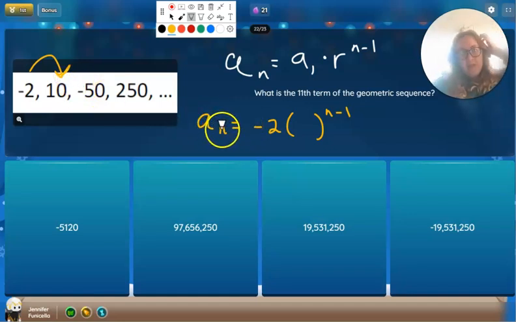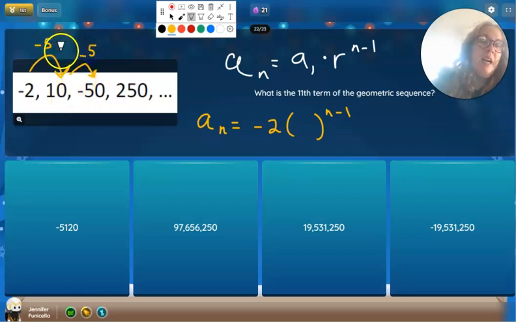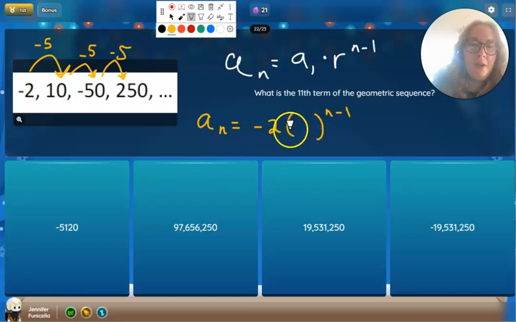So if we had a negative and it becomes a positive, that means we multiplied by a negative number. And 2 times 5 is 10. So -2 times -5 is a positive 10. 10 times -5 is a -50. -50 times -5 is a positive 250.